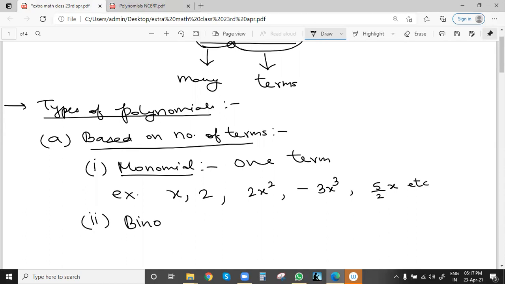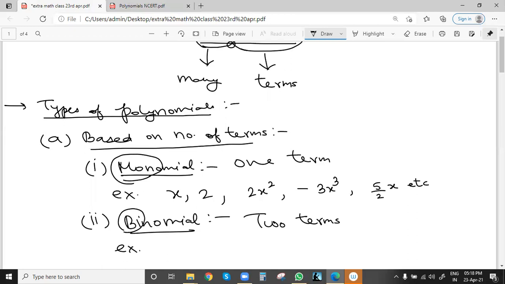Second one is binomial. Bi means two and nomial means terms, so a polynomial having two terms is called a binomial. Examples: x plus 2, or minus 3x square plus 5.